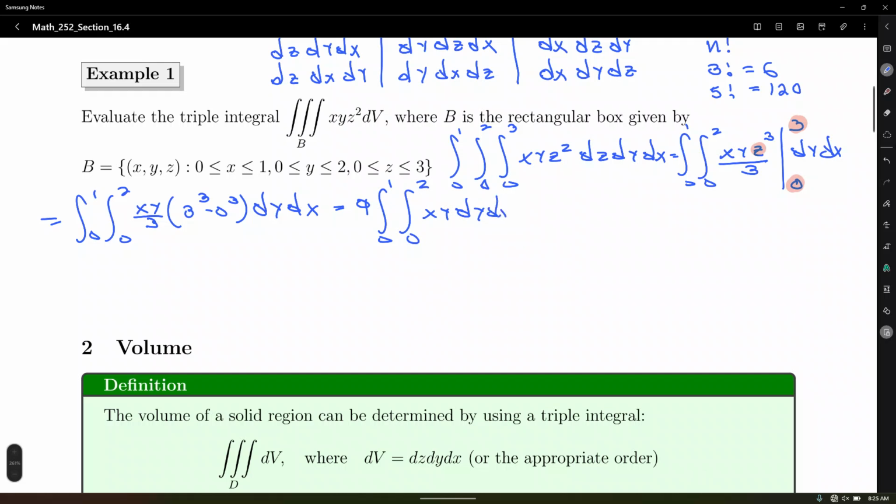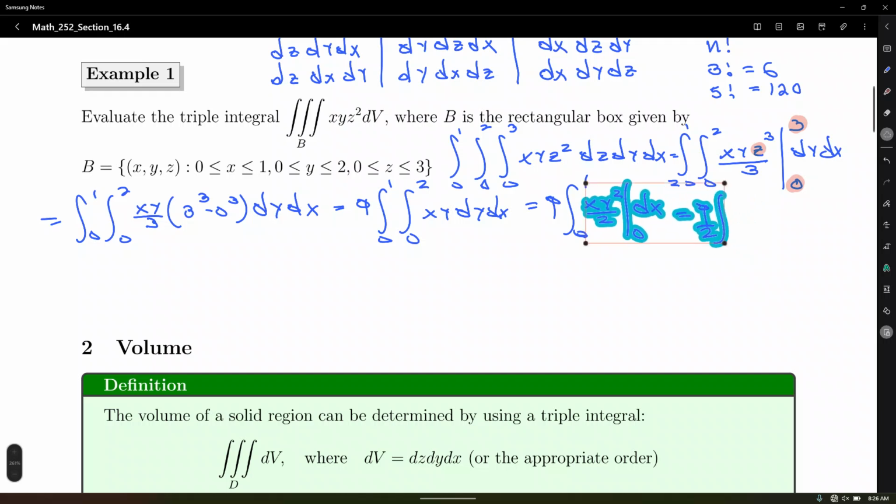And let's integrate with respect to y this time. So integrating with respect to y, that's x y squared over 2 from 0 to 2 dx. And so this will be 9 halves, integral from, oh wait, no more integral symbol here because we already integrated.